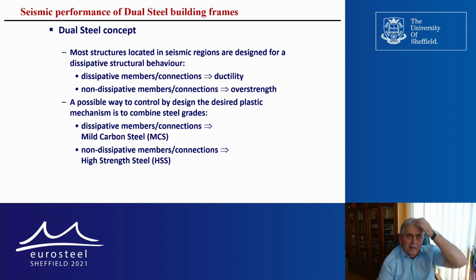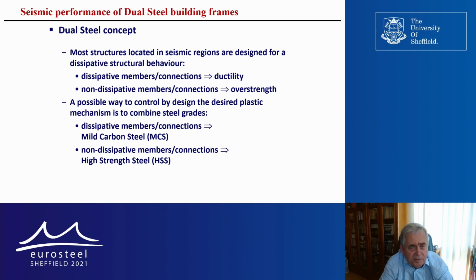Next, the part of the presentation focuses on the performance of dual steel frames. I already told you, but we can repeat. We have dissipative members and dissipative connections, and those members and connections must be able to develop enough ductility.